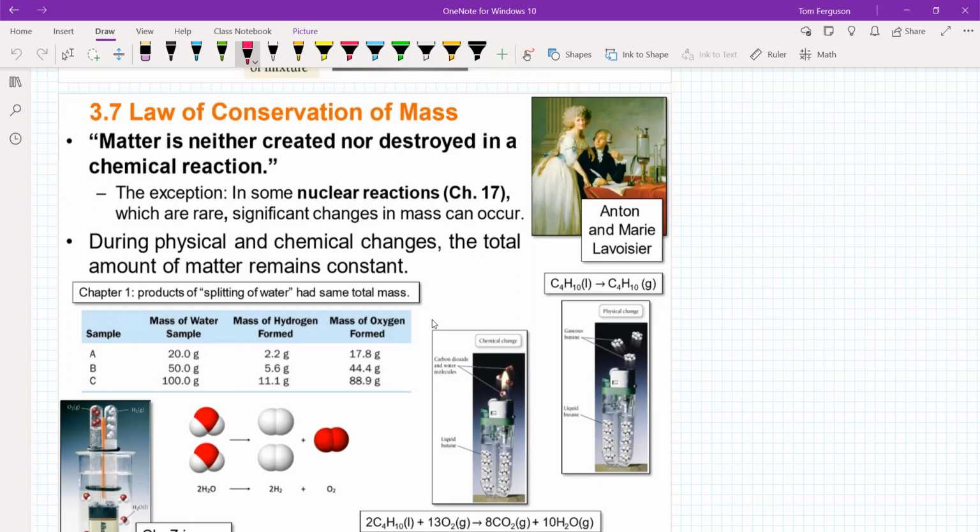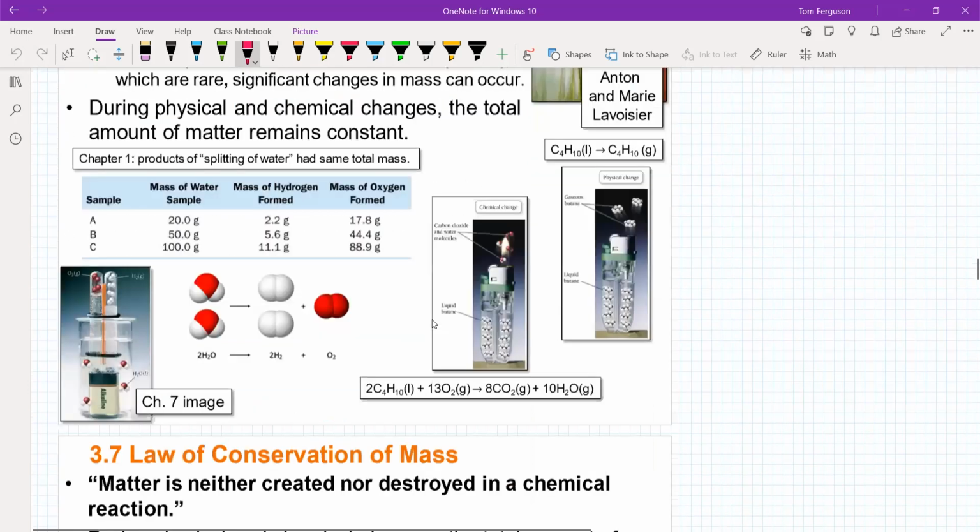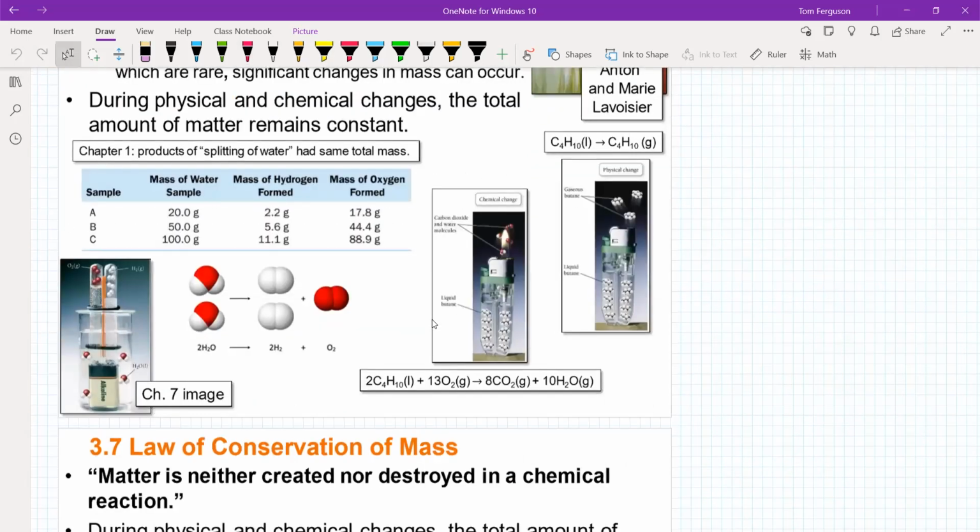Whenever you have a reaction, like this reaction here, you always start with the reactants and you end with products.